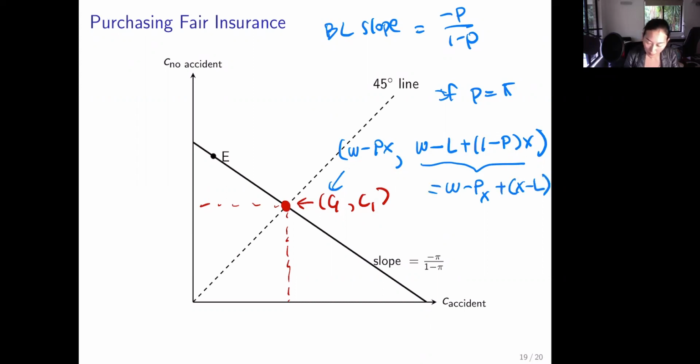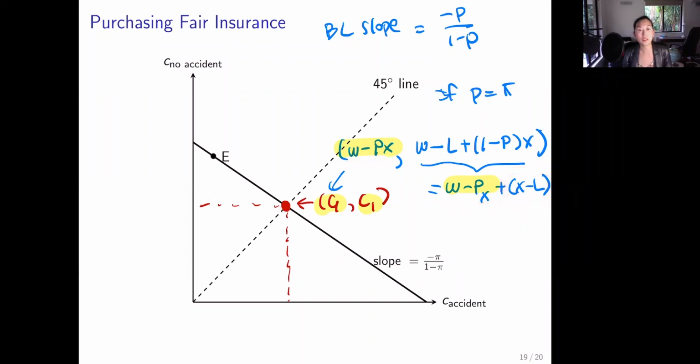So for this to be equal to that, the only possibility is X must be equal to L, or this consumer will purchase the unit of insurance that is exactly equal to the loss, so she would be fully insured. So this term has to be 0, so that this one is equal to that.